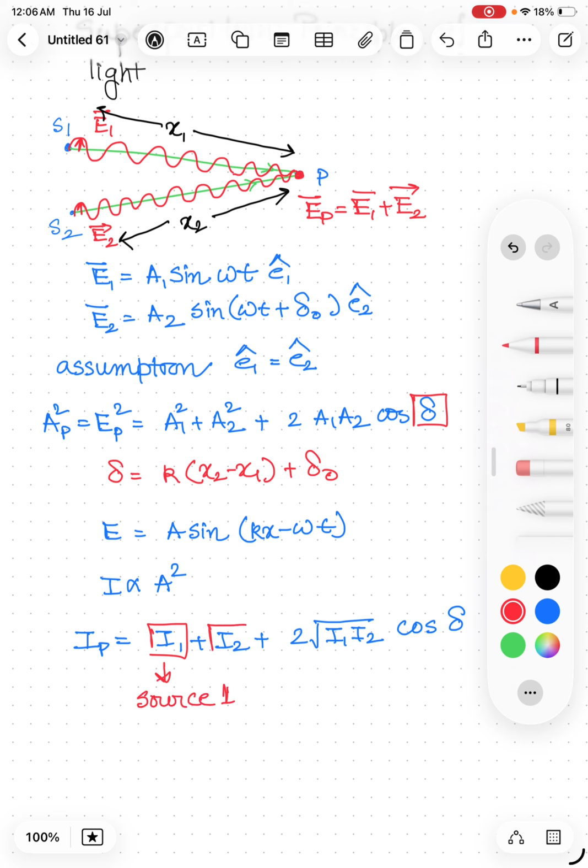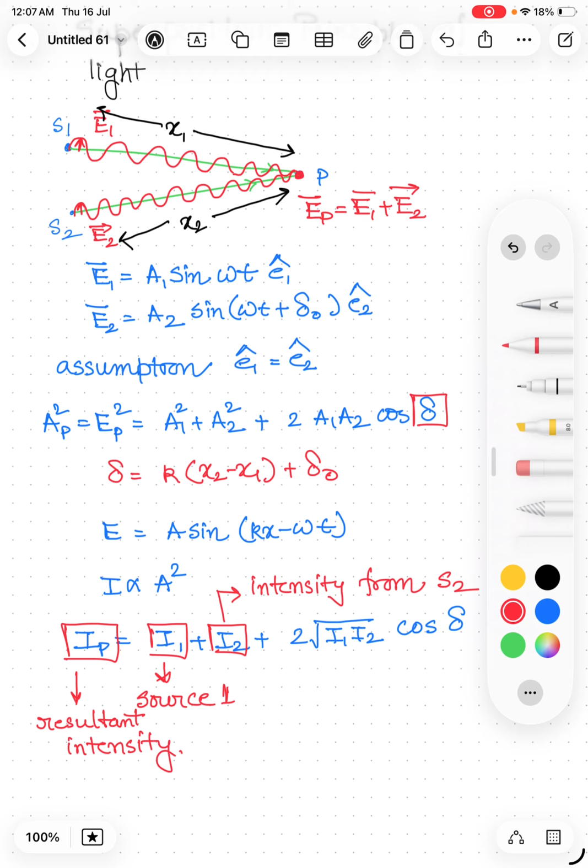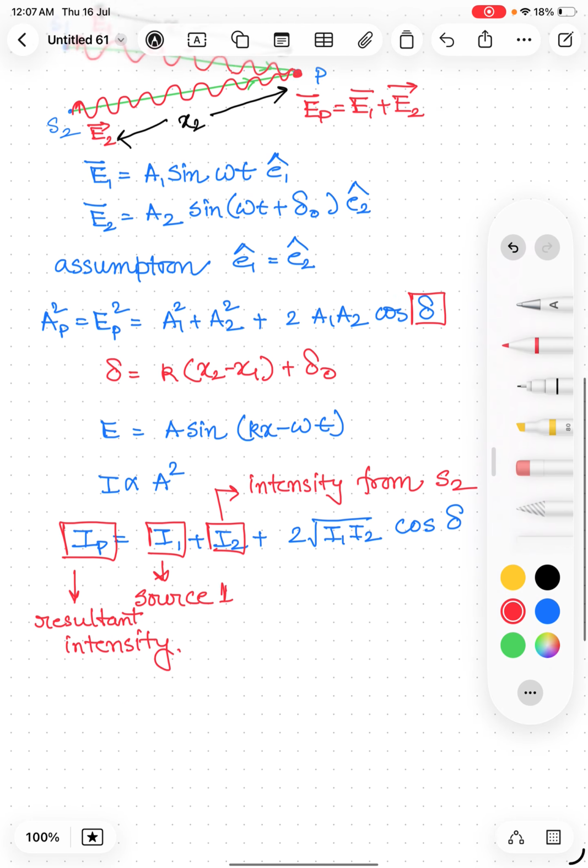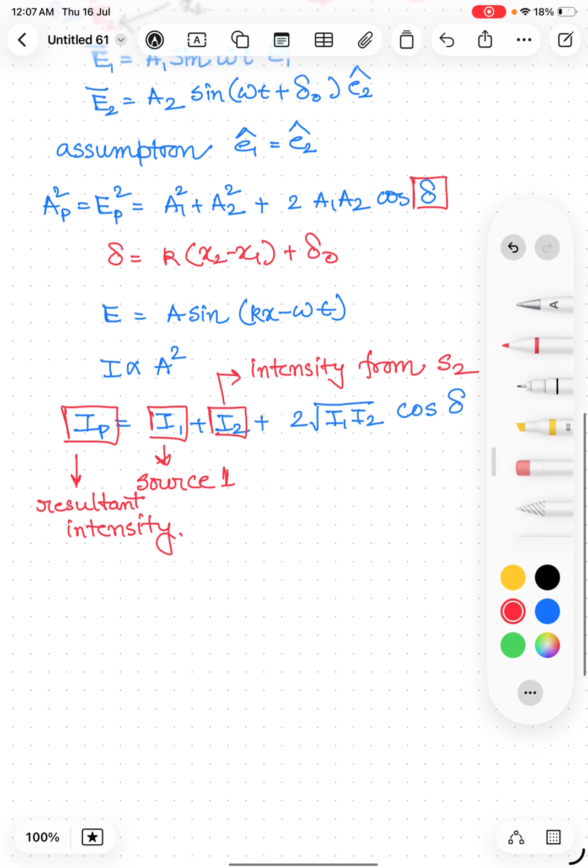This is the intensity from source 2. And this is the resultant, final intensity. So this we have done in the class.